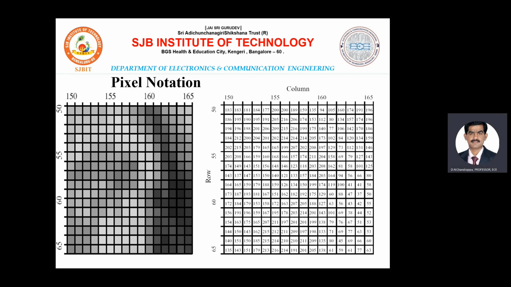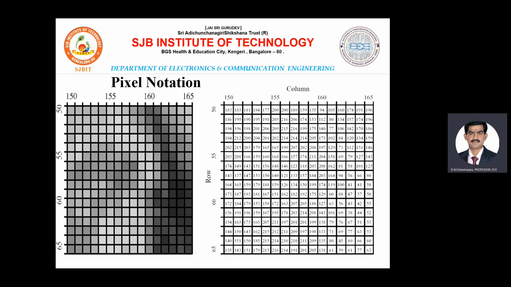The first one is the matrix form with the grayscale image. The corresponding grayscale values are represented in the second matrix. So please analyze the first matrix with the corresponding values of the second matrix.